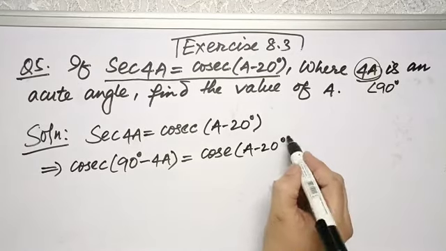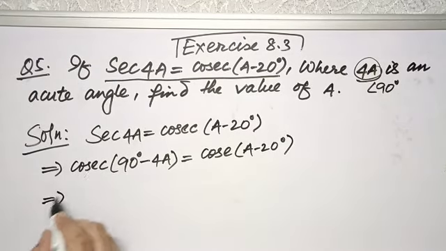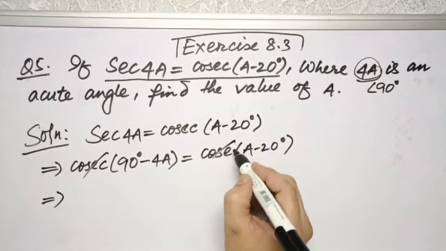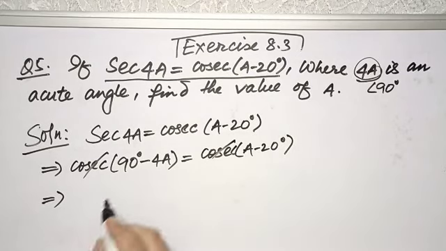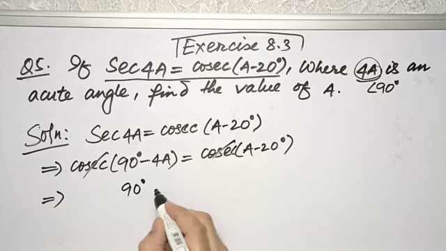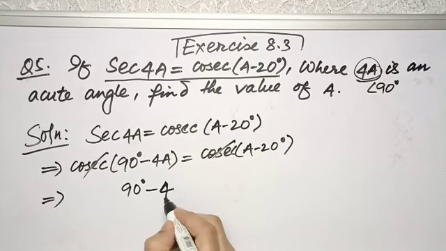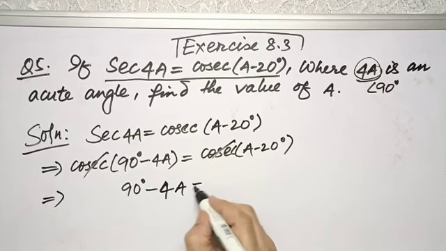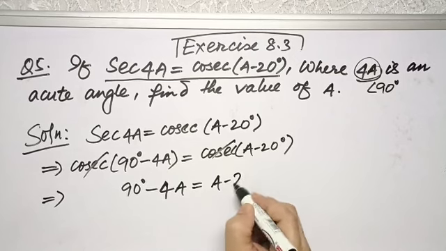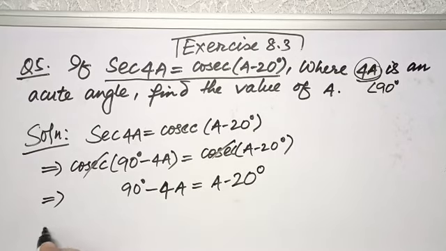Okay, and the cosec will cancel out. Alright, by now we are here: 90 minus 4a equal to a minus 20 degree.